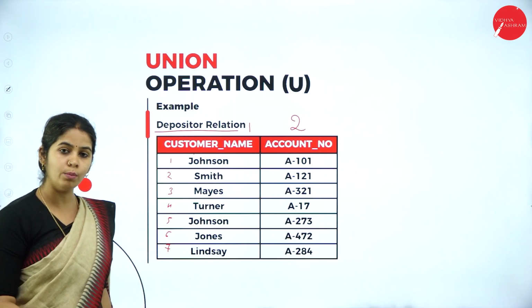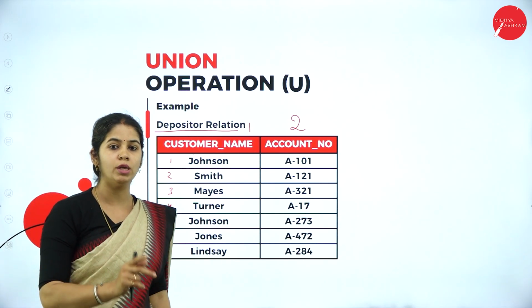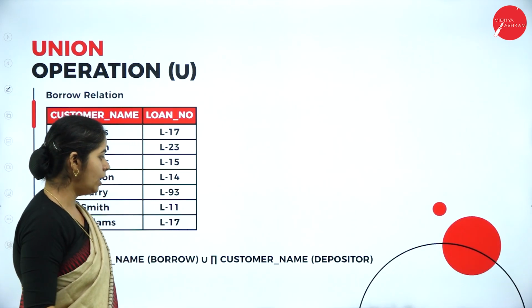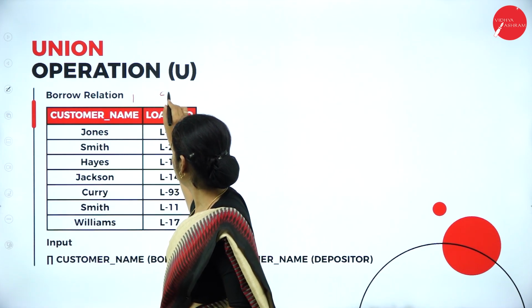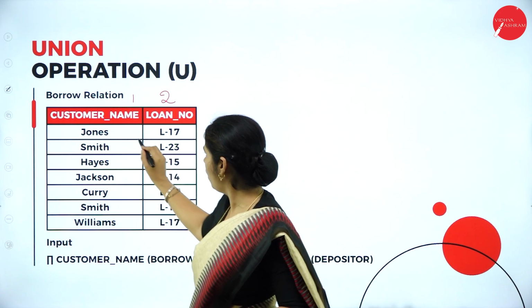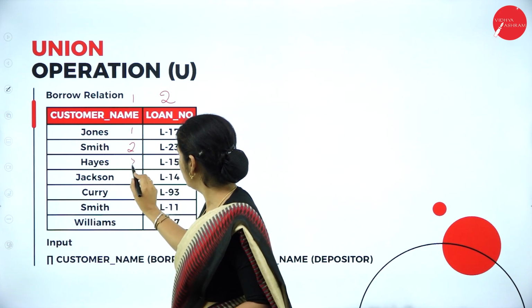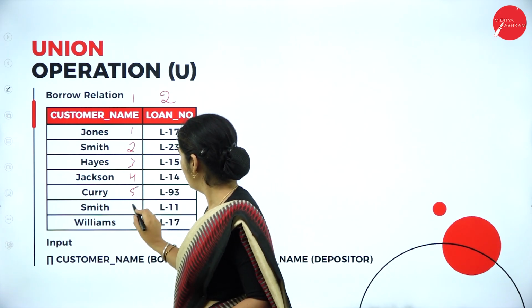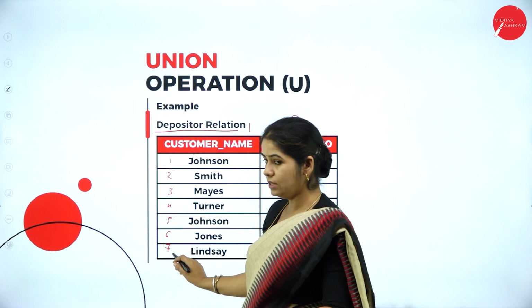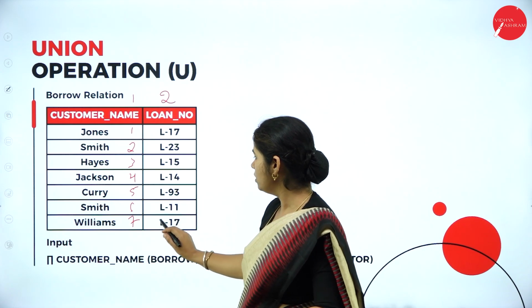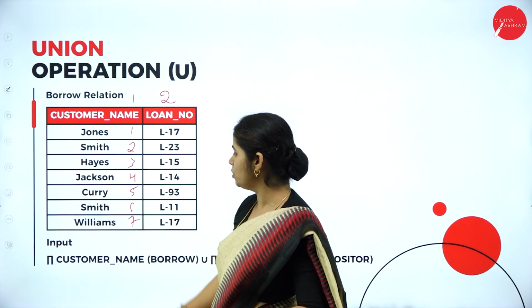Let's take one more table because the union operation works on two tables. In the other table we have the same 2 columns. In the previous table you can see 7 rows. Here also 7 rows, 2 columns, 2 columns.